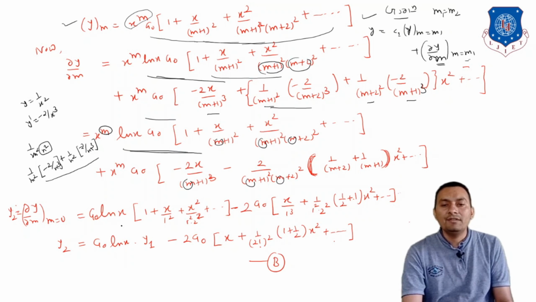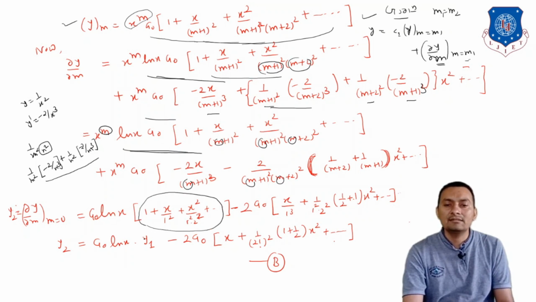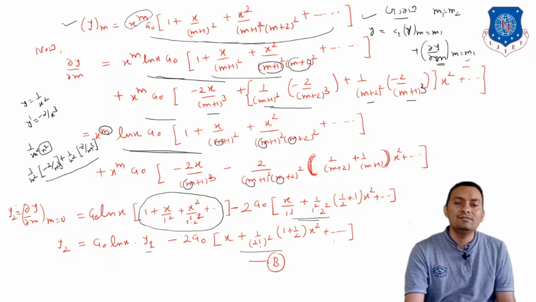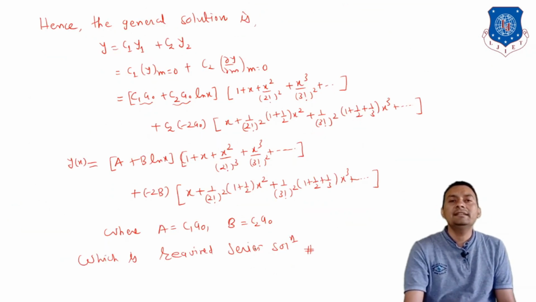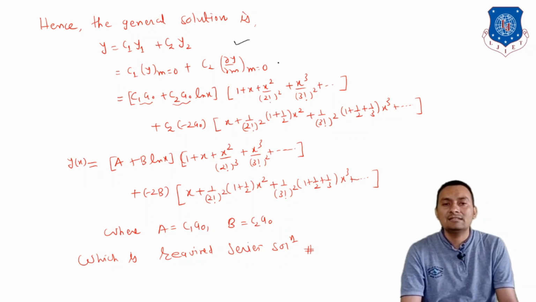So we have observed that this is exactly our y1, so I have replaced it over here. This is the y1, this is our y2, this is 2 times a0, that function is the same, and this is the second solution, that is y2. Now I'm taking the general solution and substituting all these values.